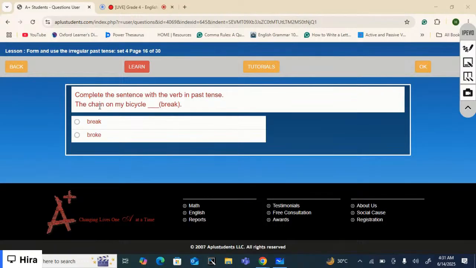The chain on my bicycle blank. The verb is break. Now complete the sentence with a verb in past tense. Is it break or broke?